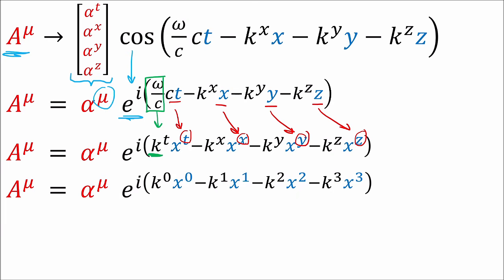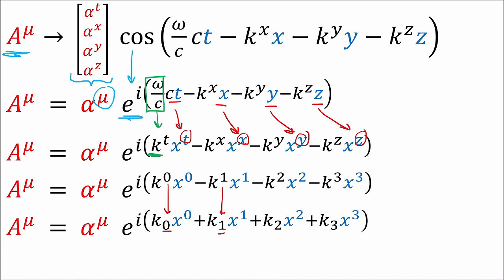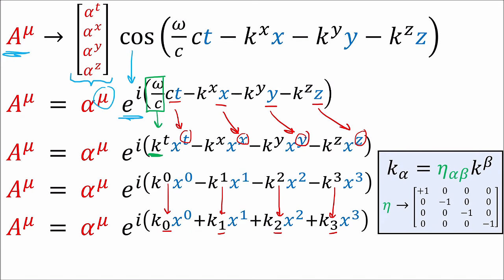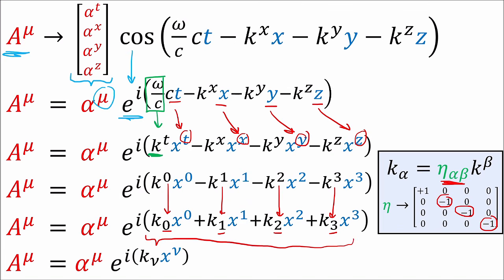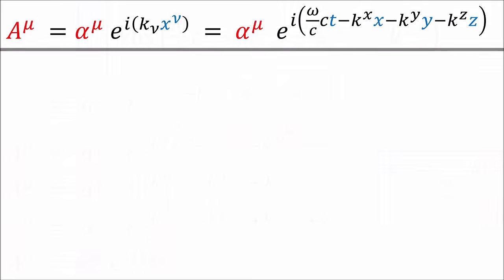It's also possible to lower the indices on k to make them subscripts, if we remember to flip the signs on the xyz components. Remember, lowering the indices of a vector is done with the Minkowski metric, which has minus signs for the xyz directions. Finally, we can write this sum formula between the k's and x's using an implicit Einstein summation over nu.